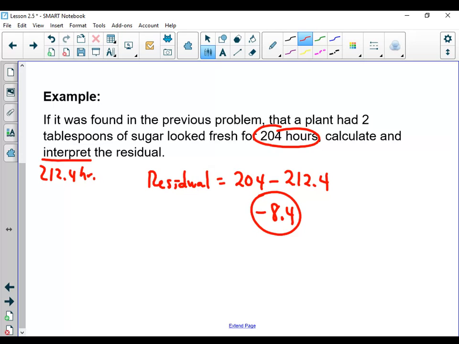So my interpretation is prediction was too high, because the actual value was below what my prediction was. So finding the residual is pretty easy if you know the actual and you know the prediction.